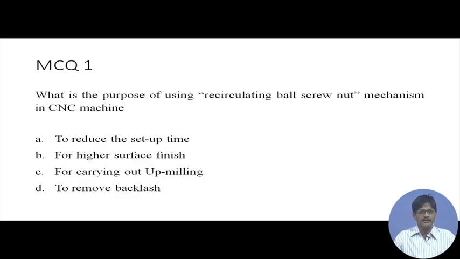Now, up milling and down milling are 2 processes in which the direction of rotation of the cutter and the direction of feed of the cutter are different. I mean, the combination is different. It is in down milling that it has to be ensured that the machine feed screws should be completely free of backlash.